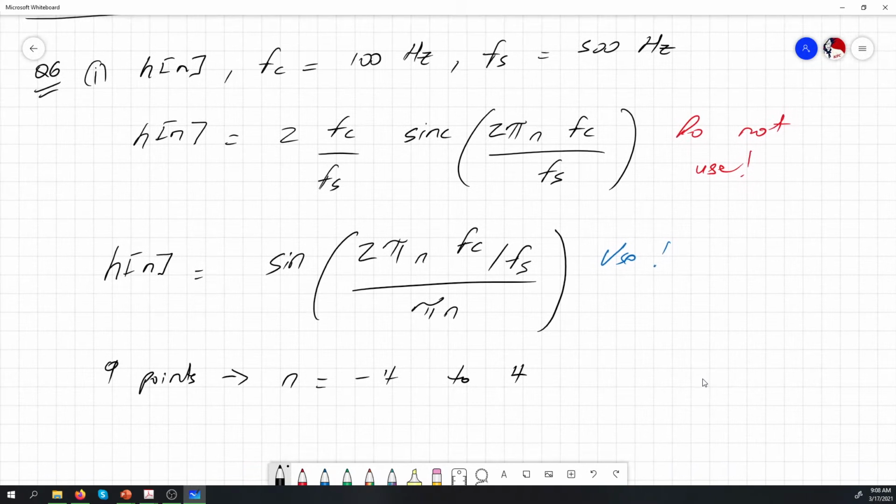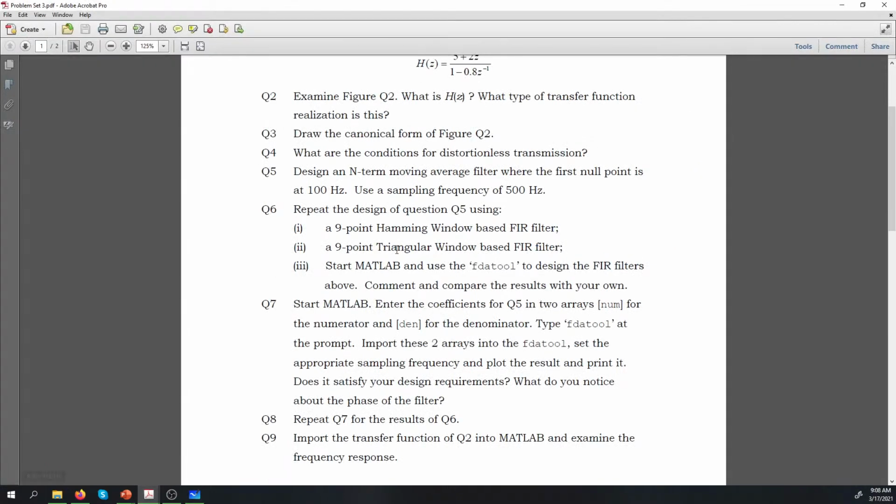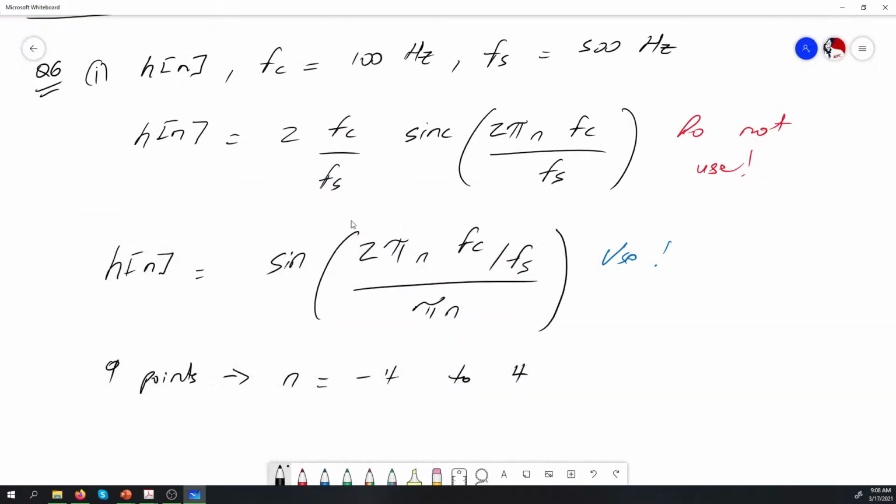So, okay, one thing I need to clarify here. This h of n equation here is for our filter. That will be the ideal low-pass filter response. So we're doing the design here for question 5 using a 9-point Hamming window based FIR filter. But that means we need to have the filter equation first in order to get our sample points for the filter, and then we can apply the Hamming window on top of this. So this h of n equation that we're dealing with here is the ideal low-pass filter response given by this generic equation here, which is h of n equals sine 2 pi n fc divided by fs, all divided by pi n.